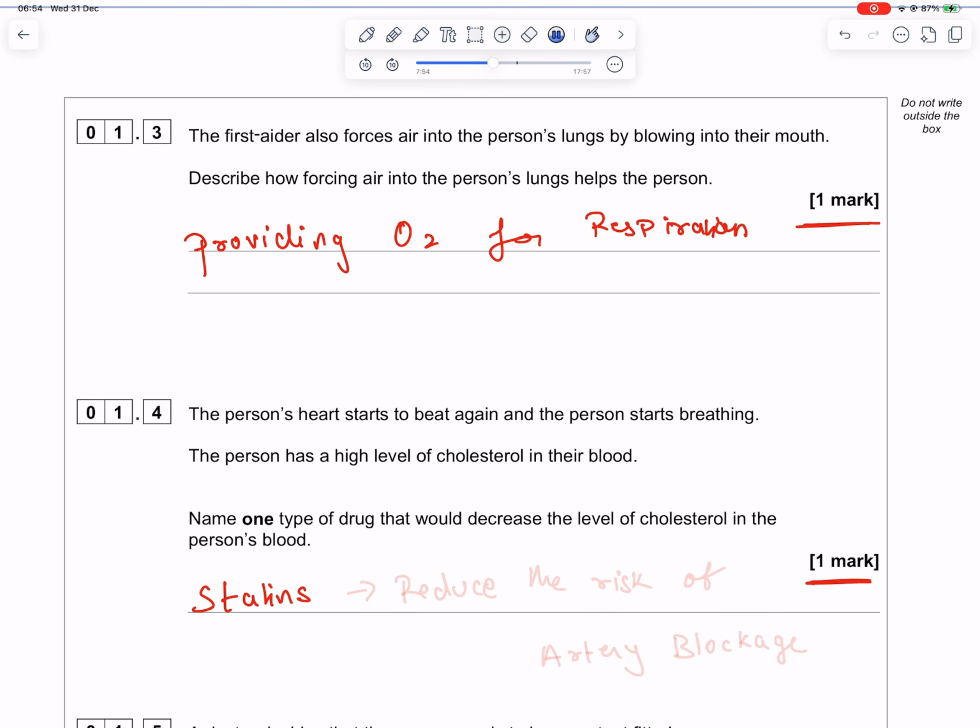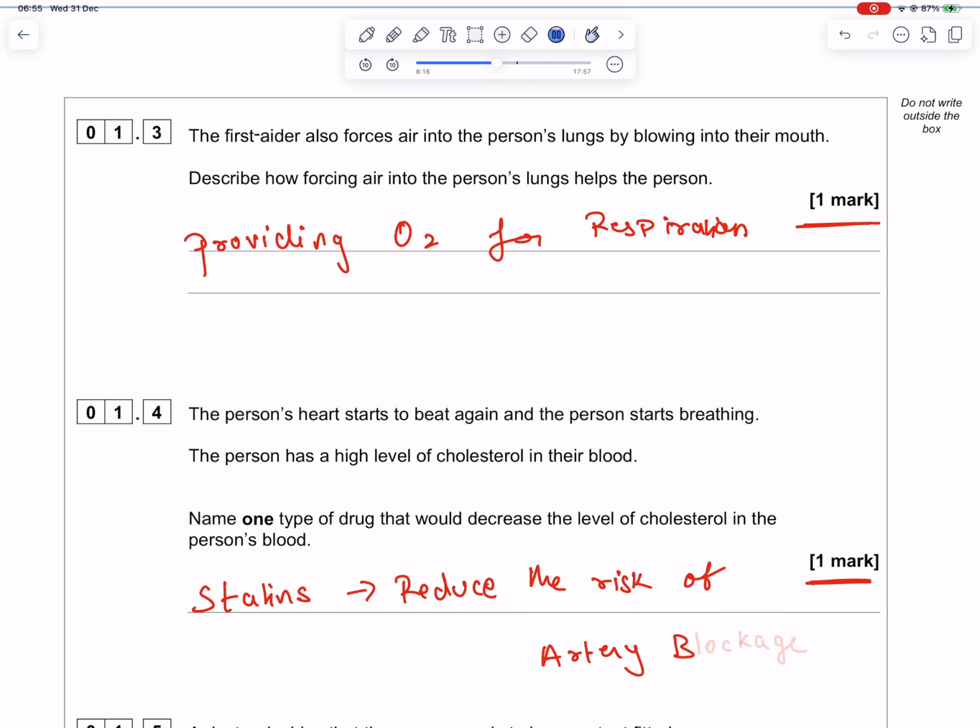You can either name the specific one, but just naming statins is more than enough. Statins work by lowering the blood cholesterol levels, and they reduce the risk. They do not completely stop the artery blockage. They reduce the risk of artery blockage.